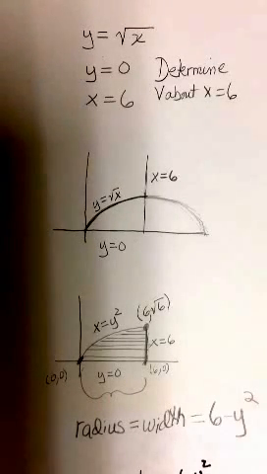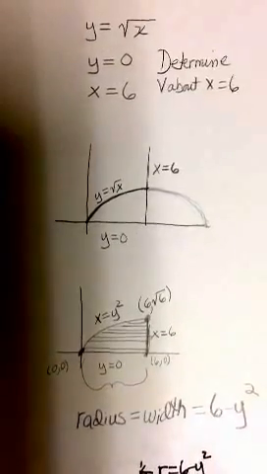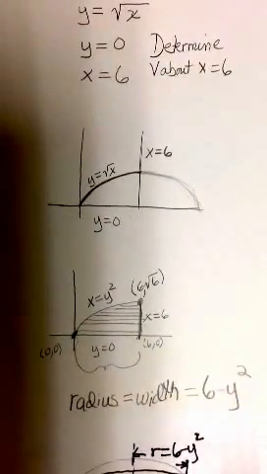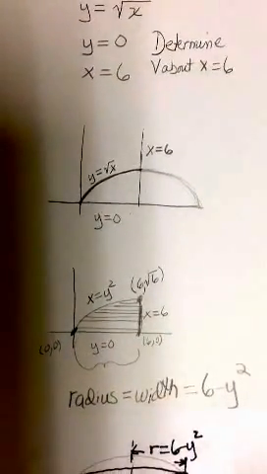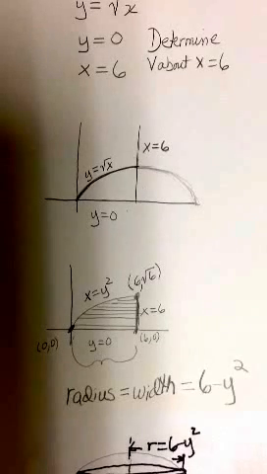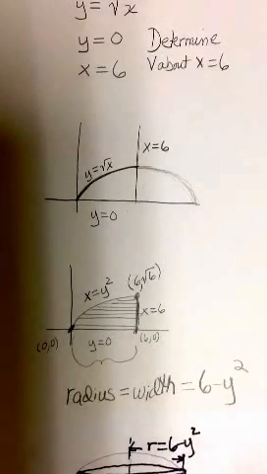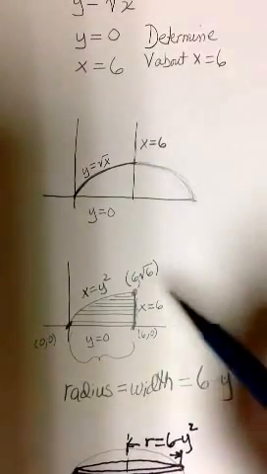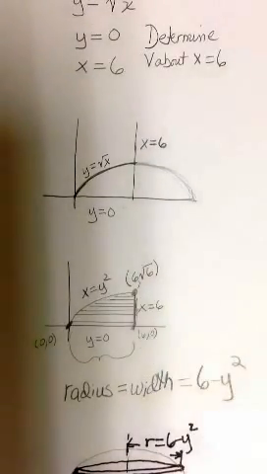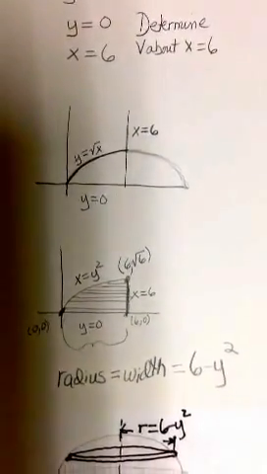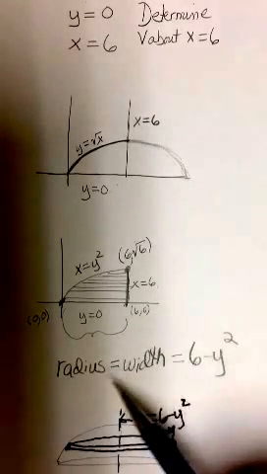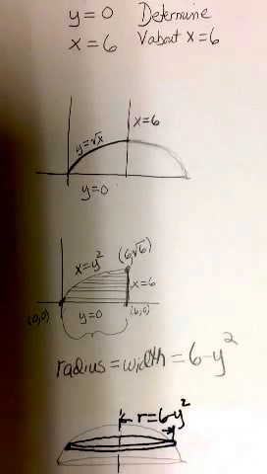So what is going to be the radius in this particular case is going to be the width of this particular triangular region. And so think of it along the lines of integration over y. Think of the right hand function minus the left. To the right is x equal to 6, and to the left we have x equal to y squared. So the radius is going to be the width, which is going to be 6 minus y squared.